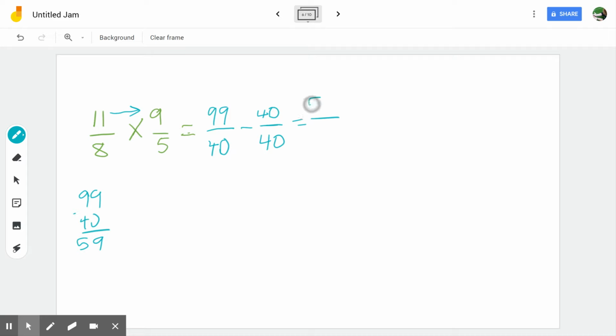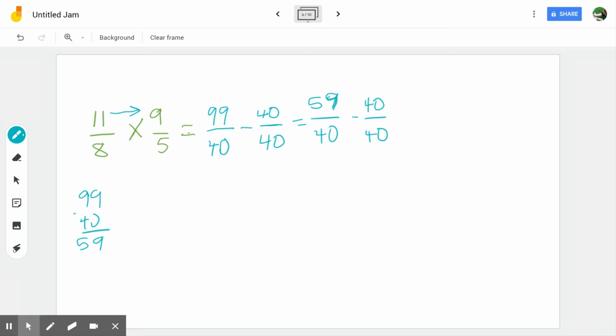Our denominators are the same, so we can just leave them as 59 40ths. Now, you'll notice it's still an improper fraction, so we're going to yet again subtract 40 40ths.